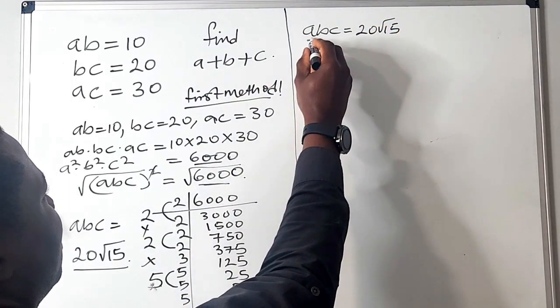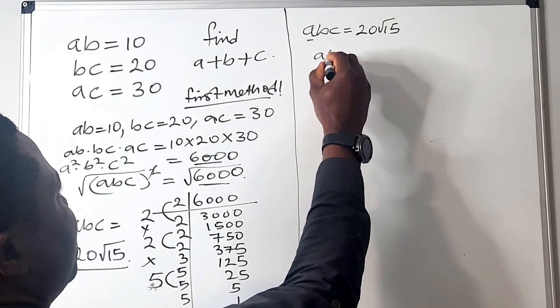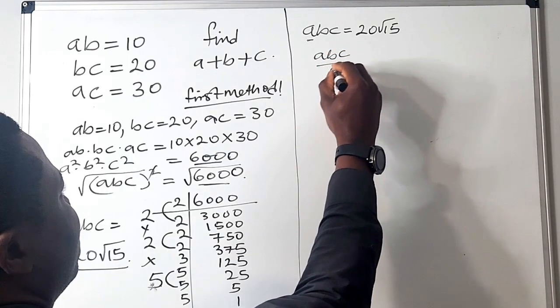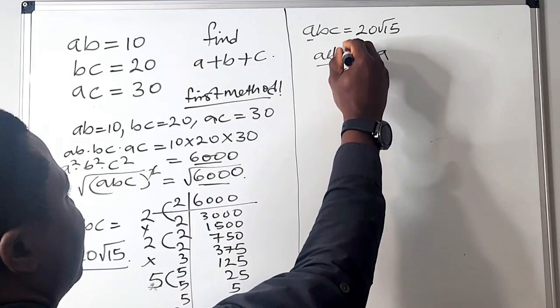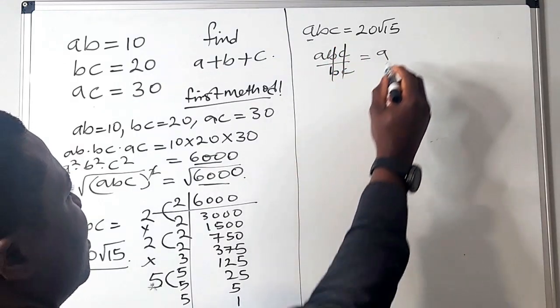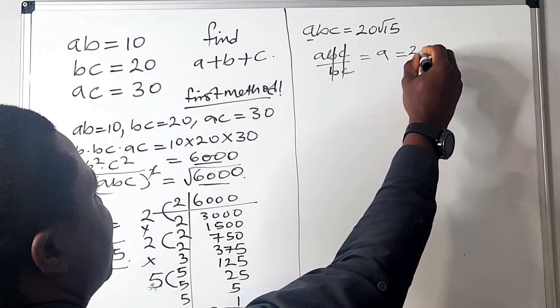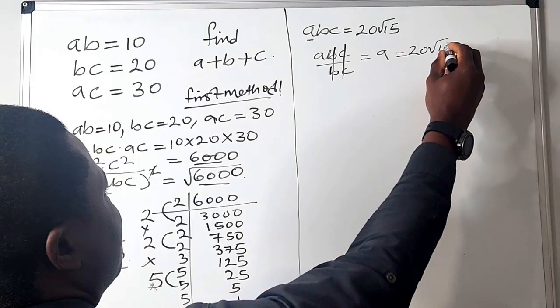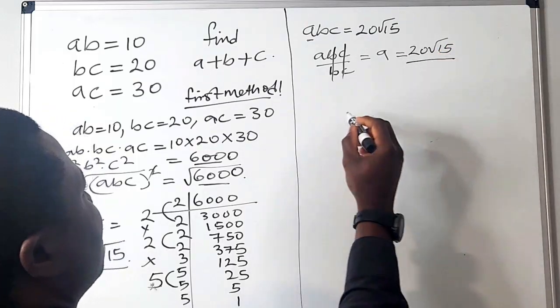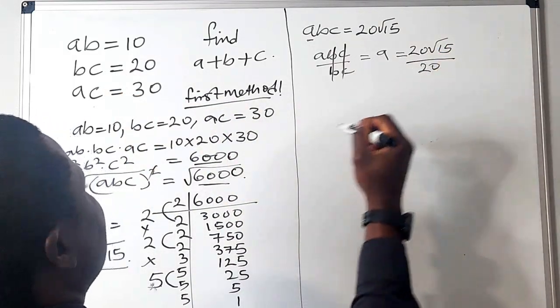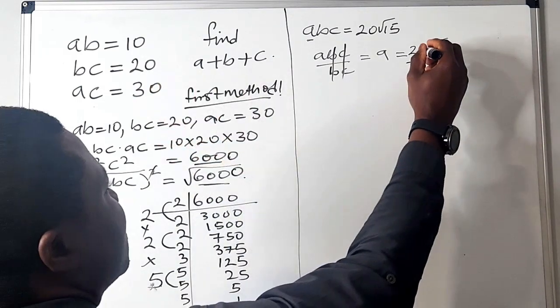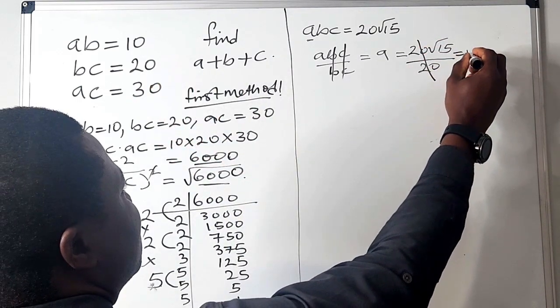Now, to find A, ABC over BC will give us A, because if these cancel out, we get A. So this is the same thing as 20 root 15. What's our BC? 20. Right? So these cancel out, we get root 15.